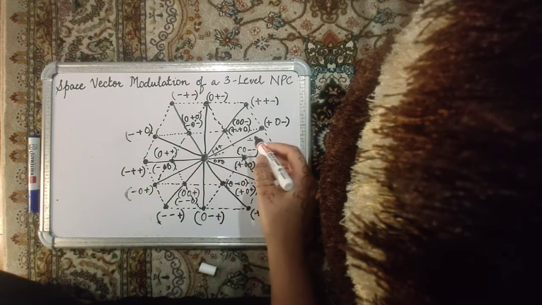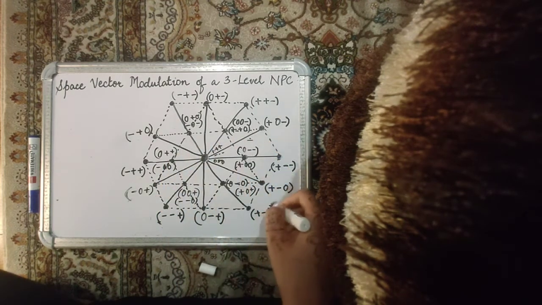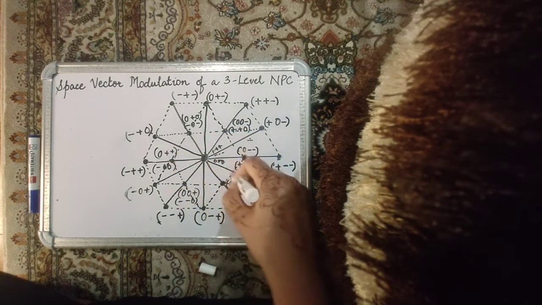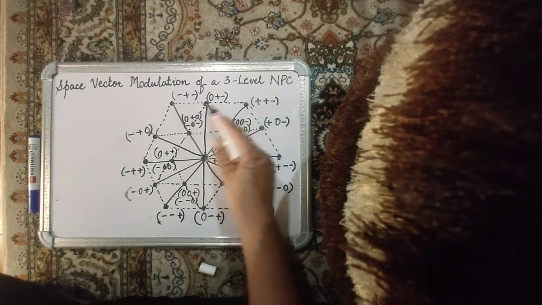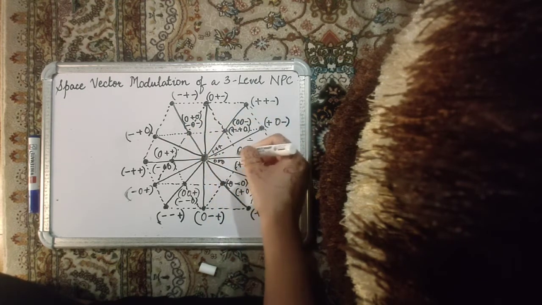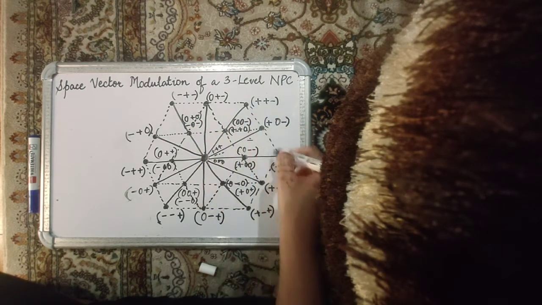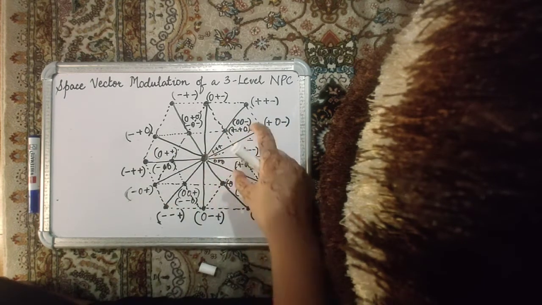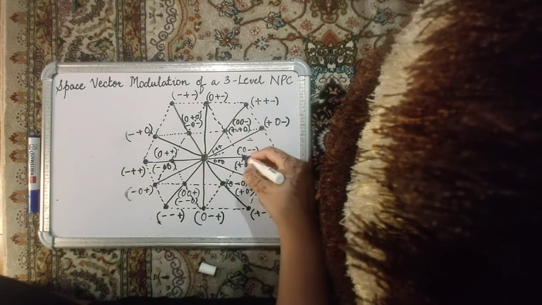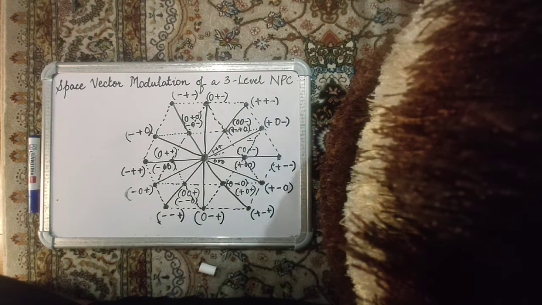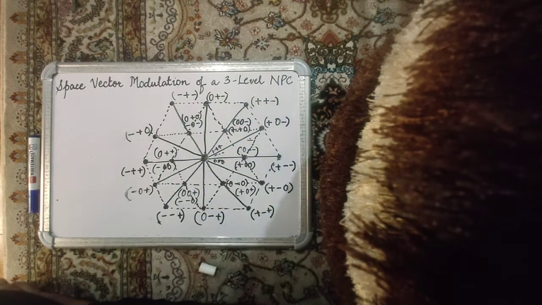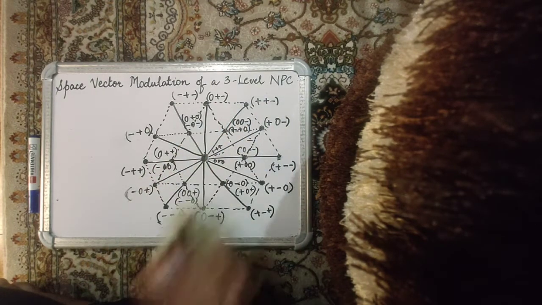You extend all its vertices or all its corners and make small triangles. And if you observe this kind of a waveform, you will see this kind of a space vector diagram. Each sector can then be seen as something made up of smaller and smaller triangles. Let's take up one sector and analyze it.